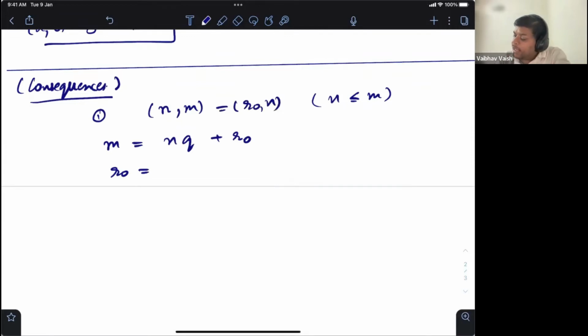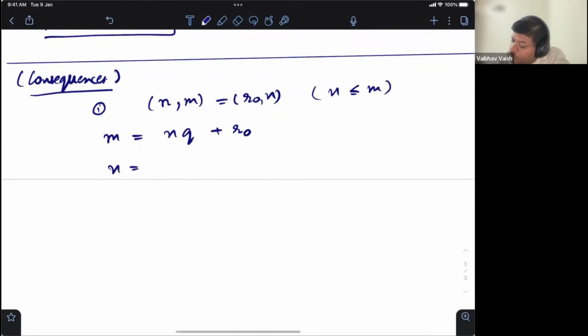Okay, and then you have n equal to r naught q1 plus r2, and now you replace n by r2, and therefore this becomes (r2, r naught), right?